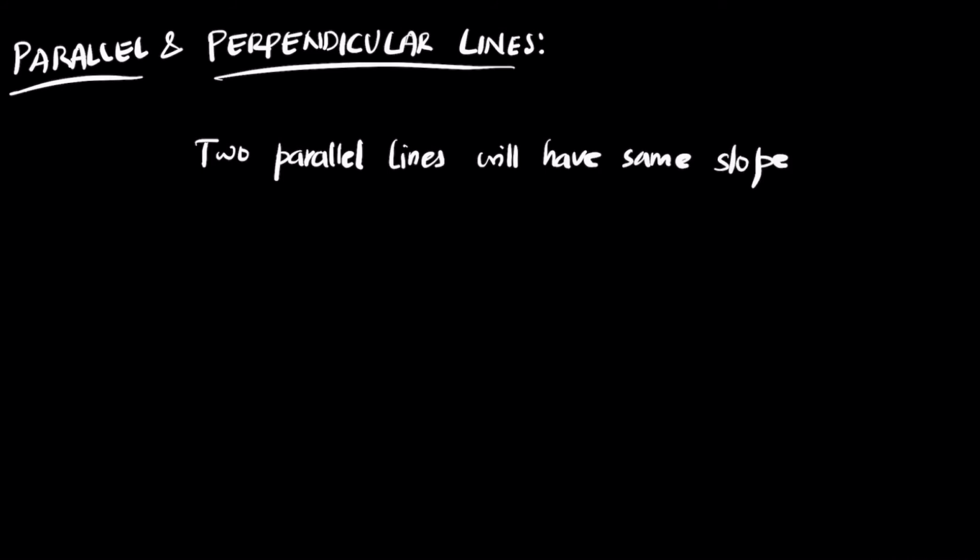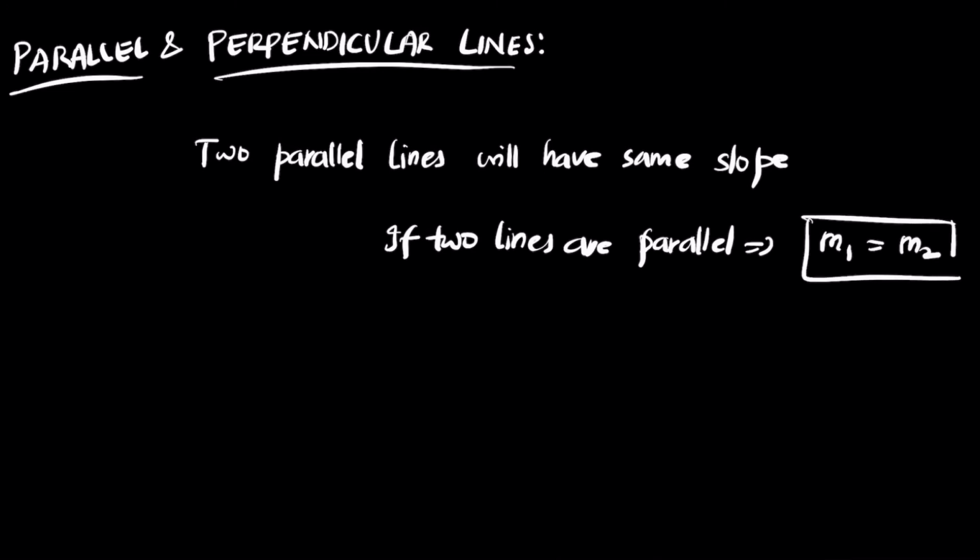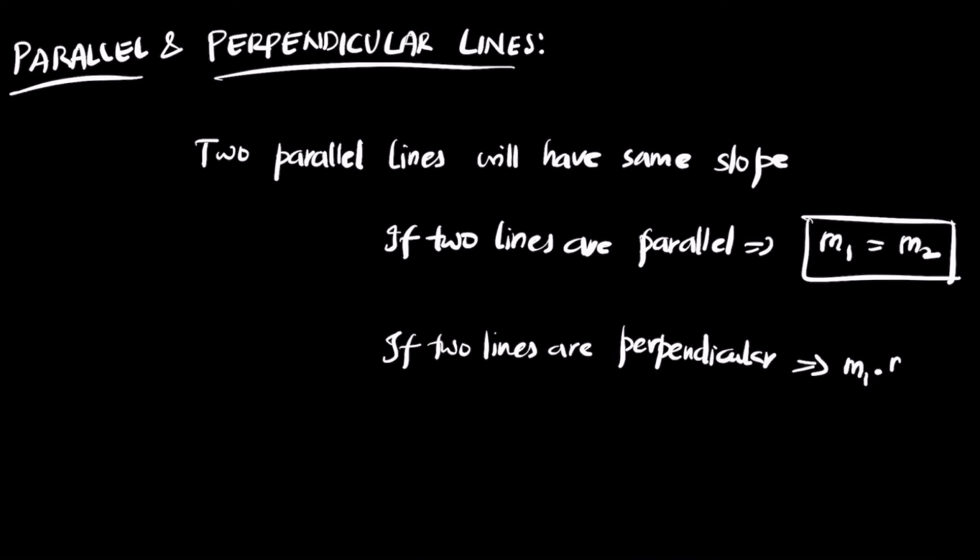So if the two lines are parallel, then m1 is equal to m2. The slope of the first line becomes equal to the slope of the second line. If the two lines are perpendicular, then the product of their slopes m1 times m2 is minus 1. So this is how you can find.